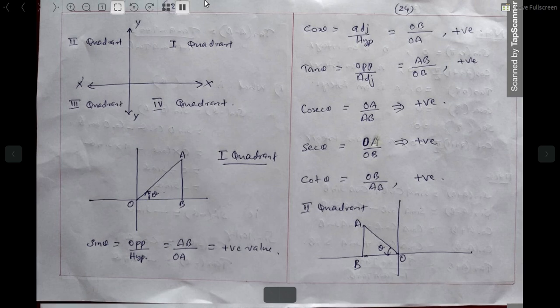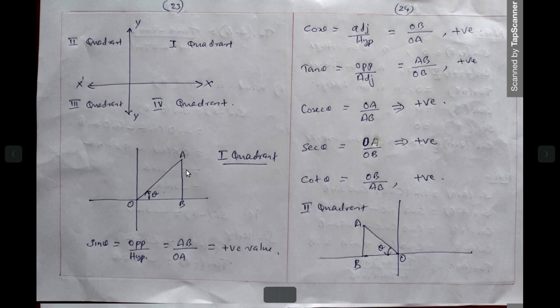Then these two axes divide the plane into 4 pieces, 4 quadrants, isn't it? First quadrant, second quadrant, third quadrant, fourth quadrant. Right. So let us take the first quadrant only, and I am drawing a right angle triangle here, AOB.